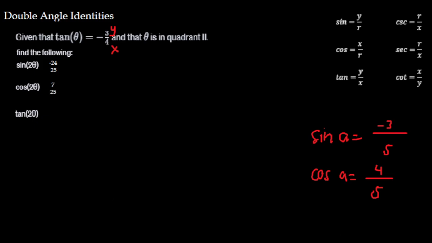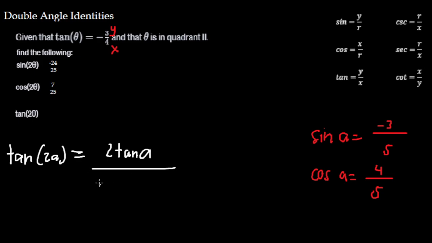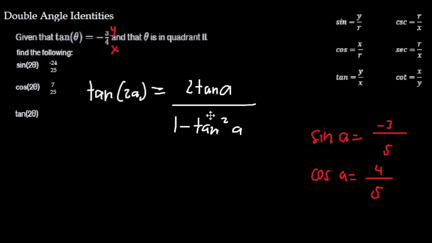Now, let us get the double angle identity for tangent for this problem. Since given na yung value ng tangent, we can just plug it into the formula. The tangent of 2a will be equal to 2 tangent of a over 1 minus tangent squared of a.